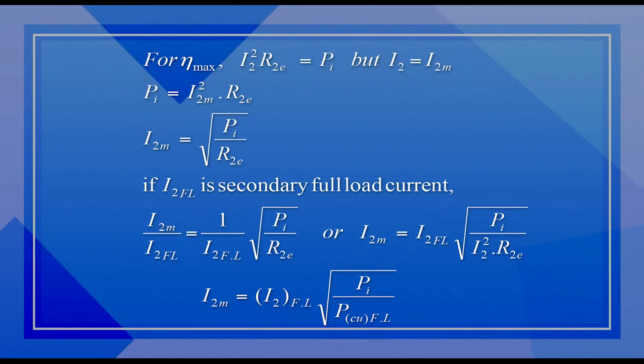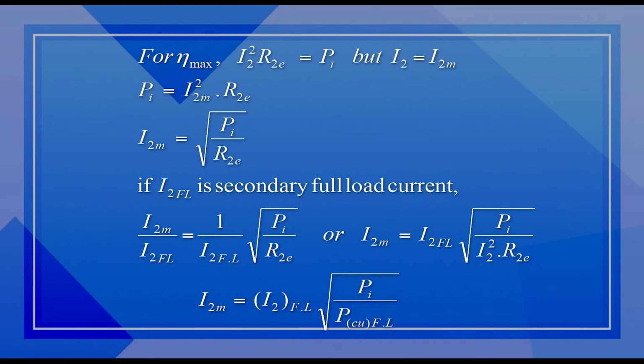Now we have to find out the load current, that is I2M, at maximum efficiency. As you know, for the maximum efficiency the copper losses at full load are equal to the iron losses, and copper losses can be written as I2 square R2E is equal to Pi, that is iron losses.